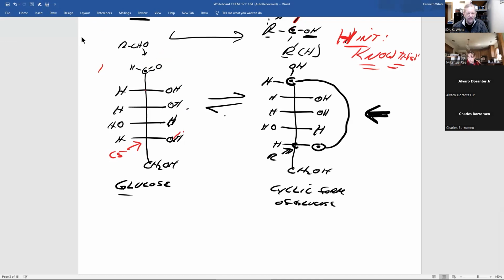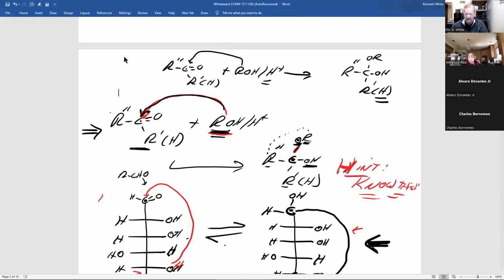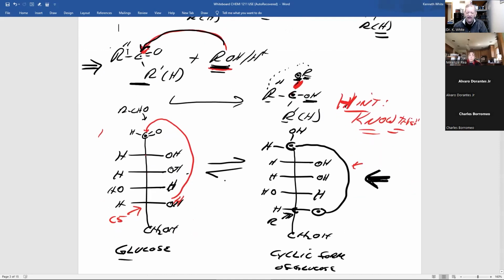This hydroxyl group attacks the carbonyl carbon to form this carbon-oxygen bond, which is the same as this one right up here. And this carbon is the R group, everything. And this opens up to the hydroxyl group and the hydrogen, because R prime is hydrogen.